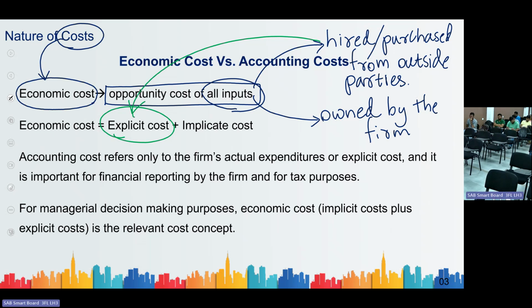They have to actually make the payment. For laborers, they have to pay monthly wages or salaries. For raw materials, whenever they purchase raw materials, they have to make payments to the raw material providers. So they are called explicit costs, actual costs out of their pockets.